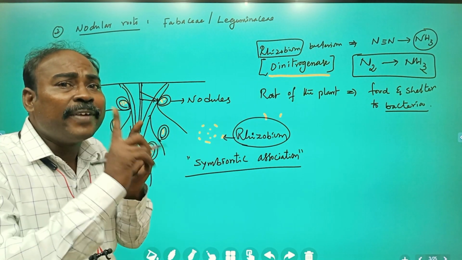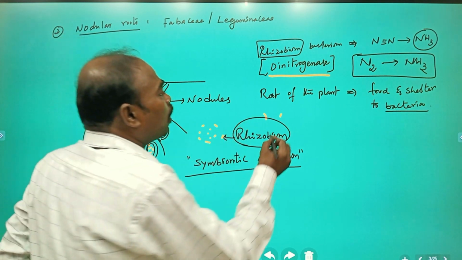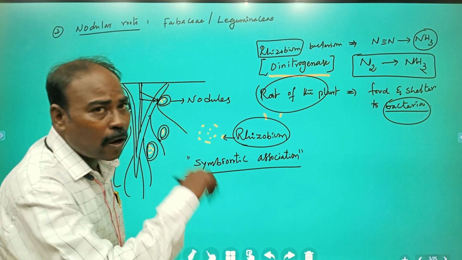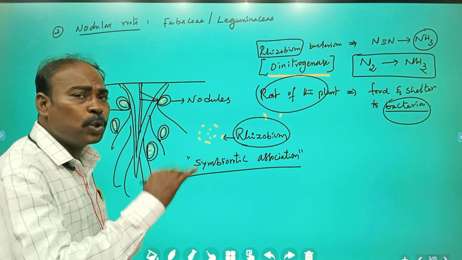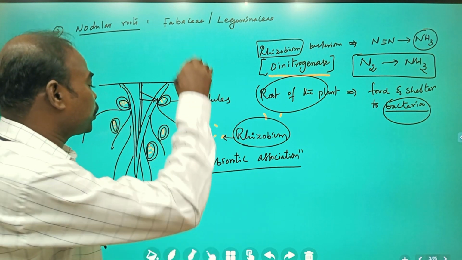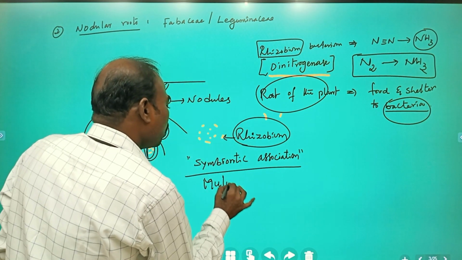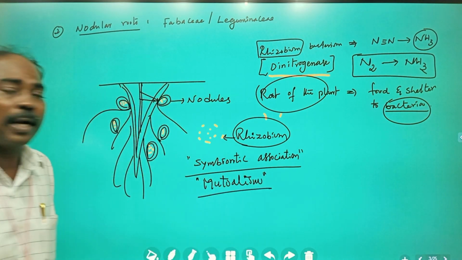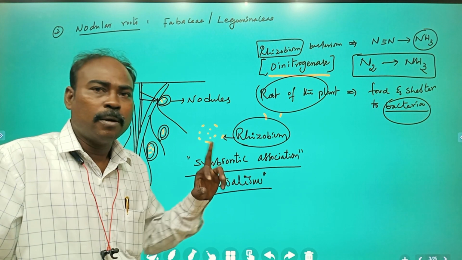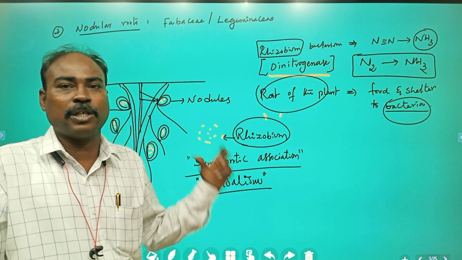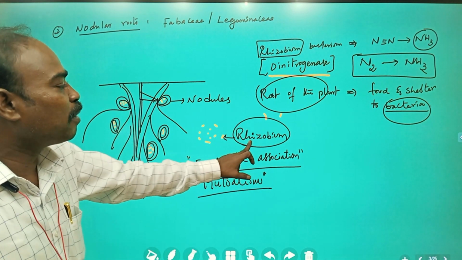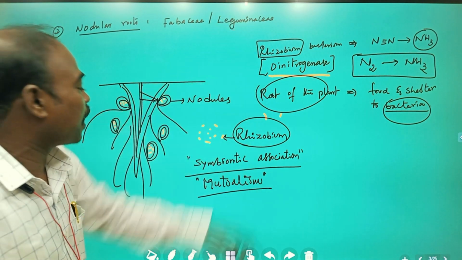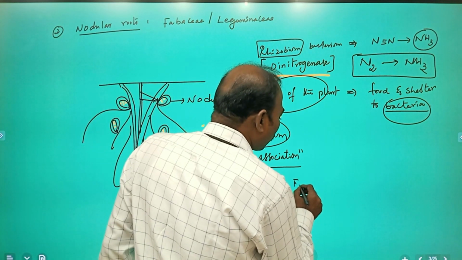So between the two organisms, the root of the plant and the bacteria, a symbiotic association is maintained, meaning a mutually beneficial association, which is otherwise called mutualism. This mutually beneficial association is established between the rhizobium bacteria and the roots of leguminous plants.